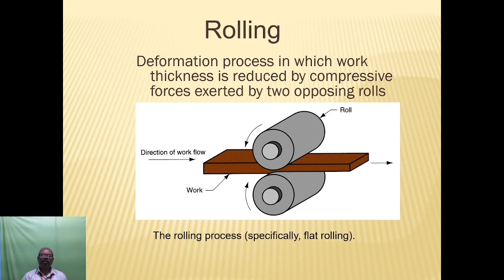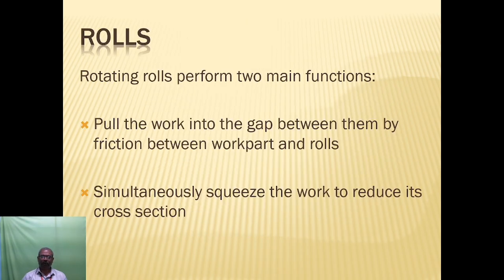When you keep the work between the rolls, we can give the compressive force on the work and we will get the final output, that is a reduced thickness of the output. Rotating rolls perform two main functions: pull the work into the gap between them, by friction between work part and rolls, and simultaneously squeeze the work to reduce its cross section, that is thickness.